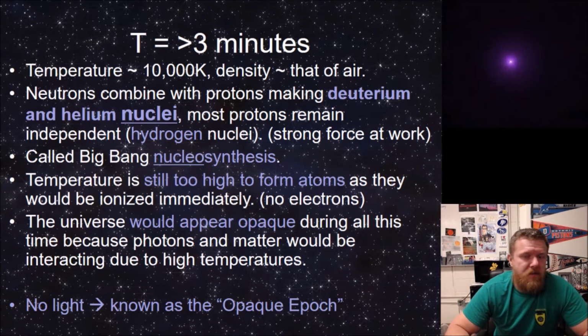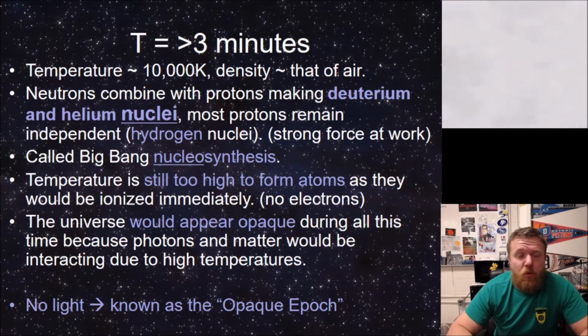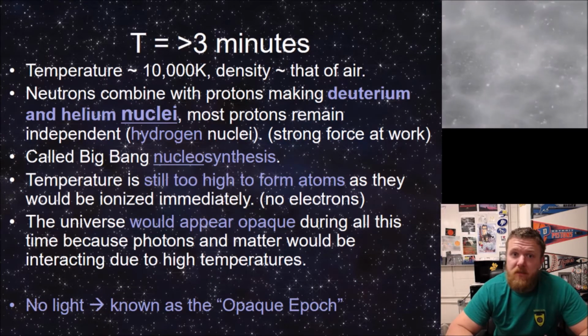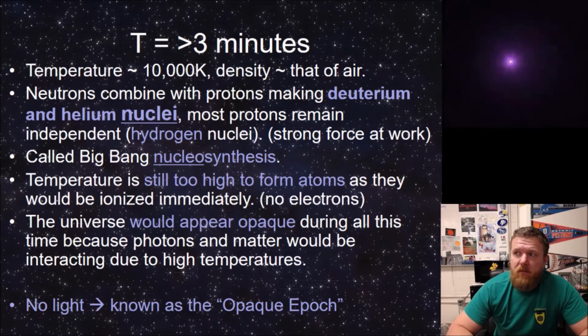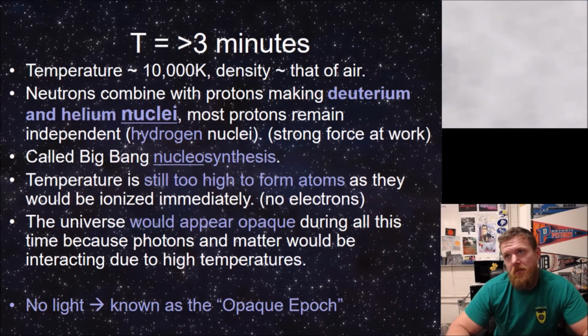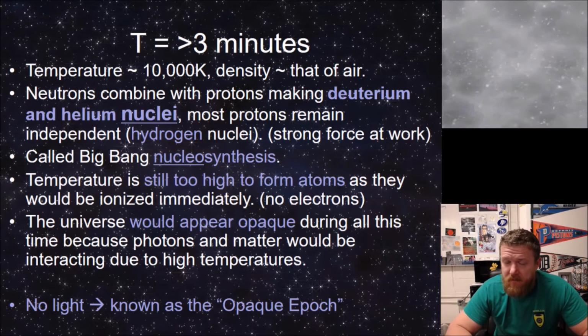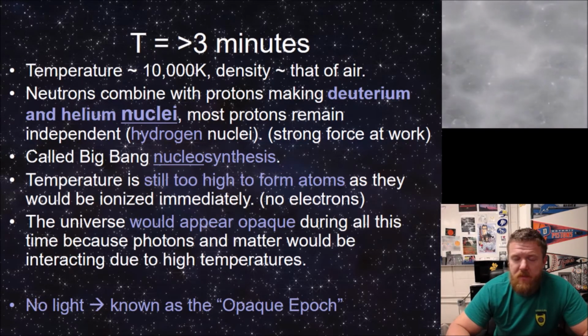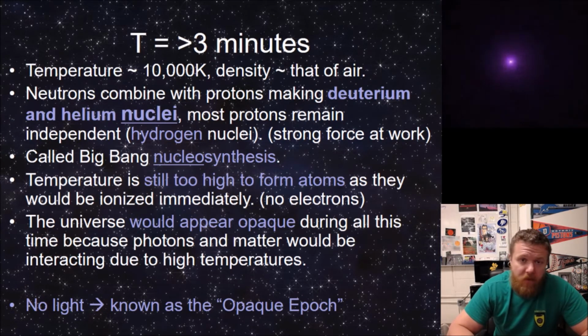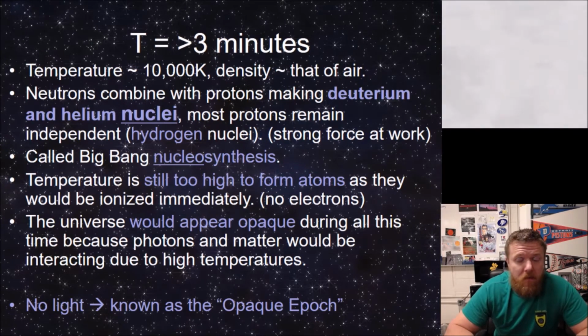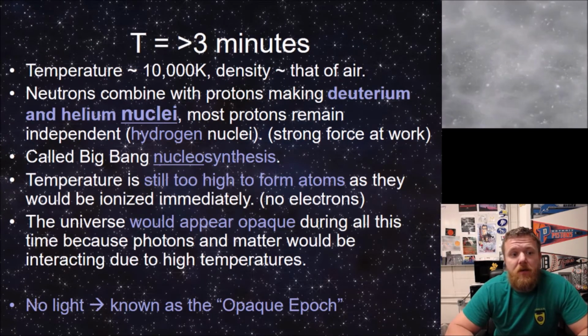After about 3 minutes, the temperature of the universe has actually cooled down to about 10,000 degrees. 10,000 degrees Kelvin is about the temperature of, I don't know, an A-class star. So it's not the trillions and quintillions of degrees hot that it was at the very beginning, but it's still pretty hot. The entire universe is about 10,000 degrees.